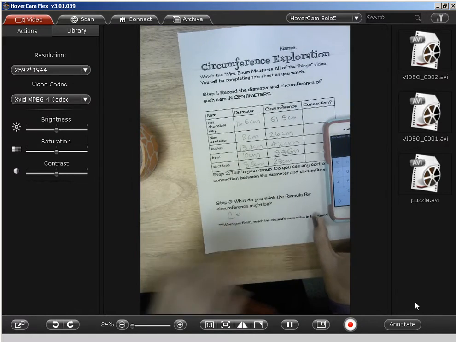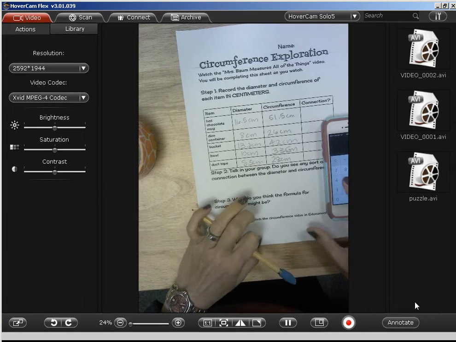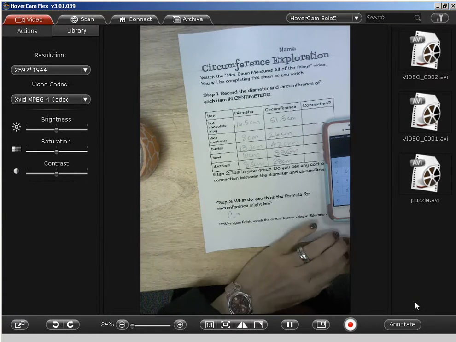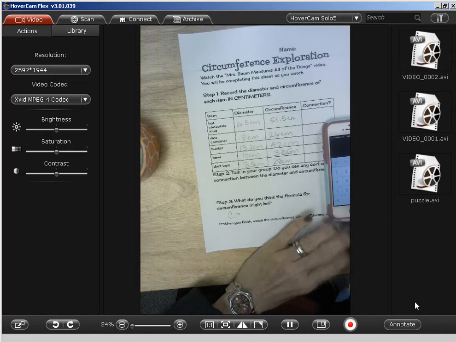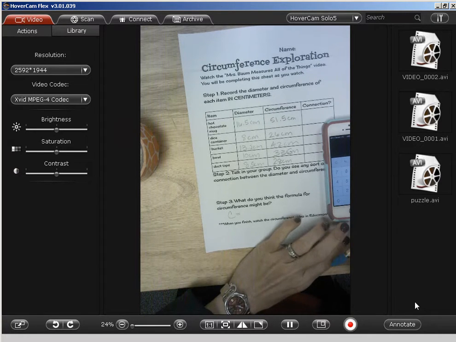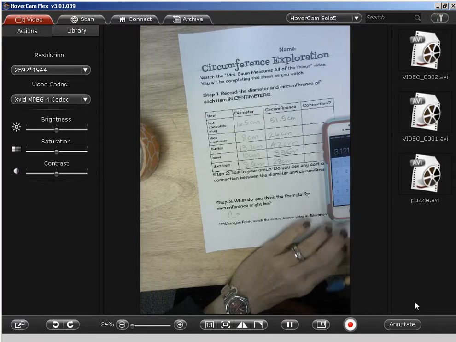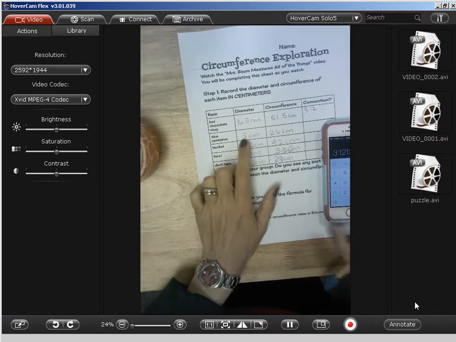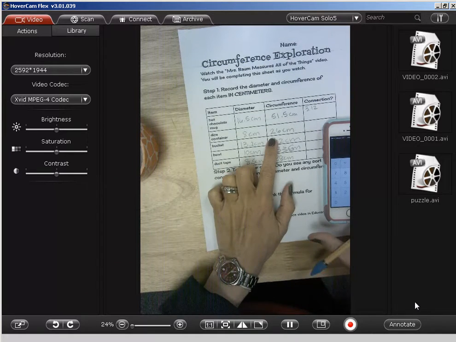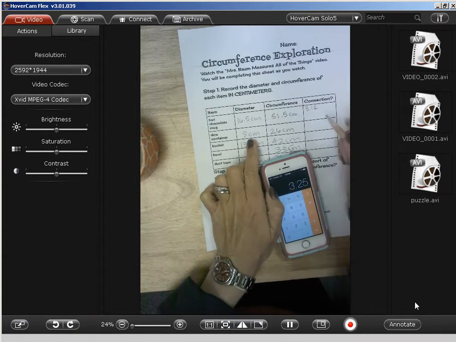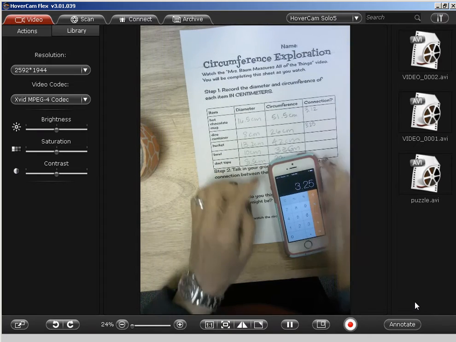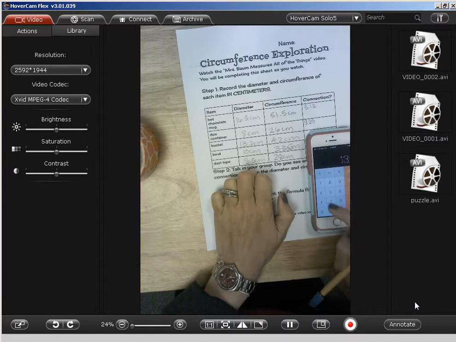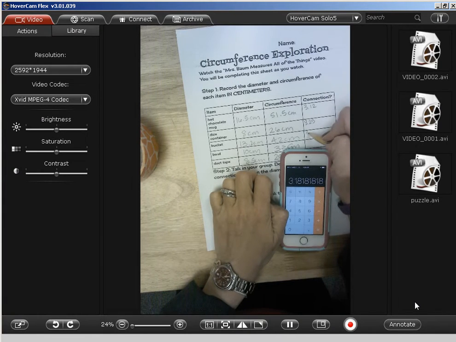So if you were to divide your circumference by your diameter, 51.5 divided by 16.5, that gives you 3.12. If you did your 26 divided by your 8, that gives you 3.25. If you did your 42 divided by 13.2, that gives you 3.18.